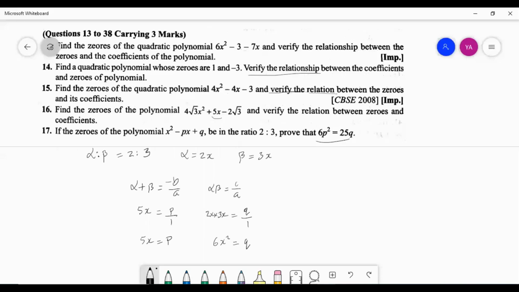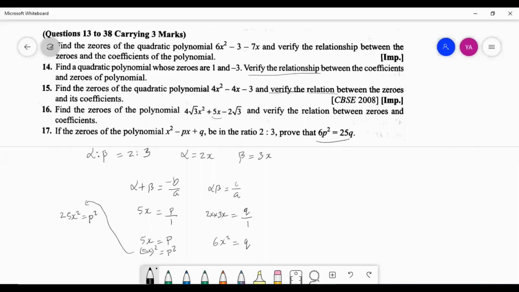So 6p square we need. 5x is p, so you take the square of both sides. 5x all square is equal to p square, that is 25x square is equal to p square.